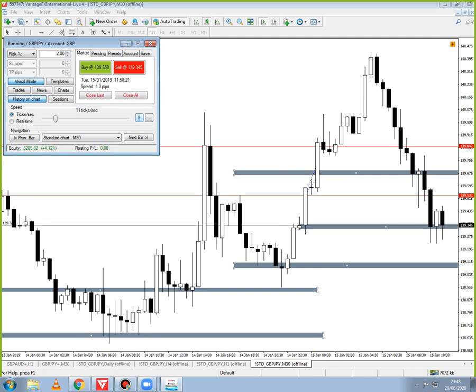So the candle's going to close in about a minute. At this point, I think we're just going to wait for this candle to close.